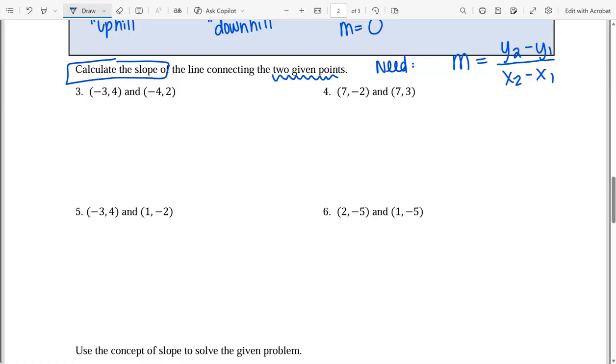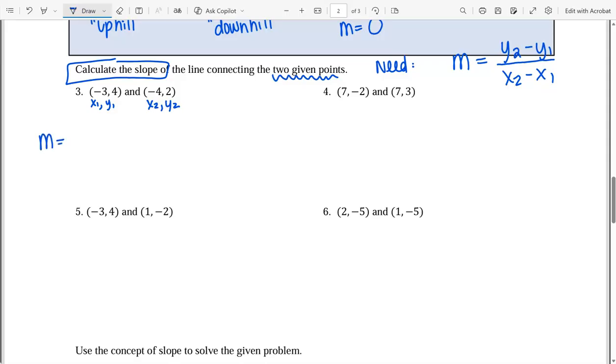So when they give you two ordered pairs like -3, 4 and -4, 2, go ahead and label them. This is x1 and y1. Remember, x always comes first with my ordered pairs. So this is the x and y from my first point, versus x2, y2, the xy coordinates from my second point. Technically, it doesn't matter which one you put first as long as you stay consistent.